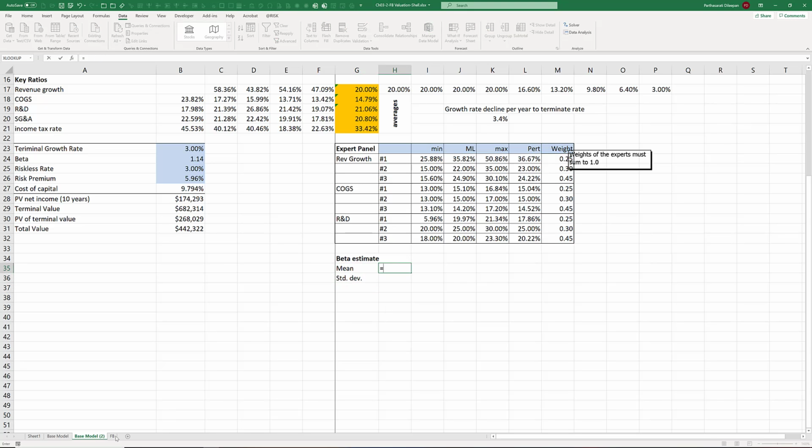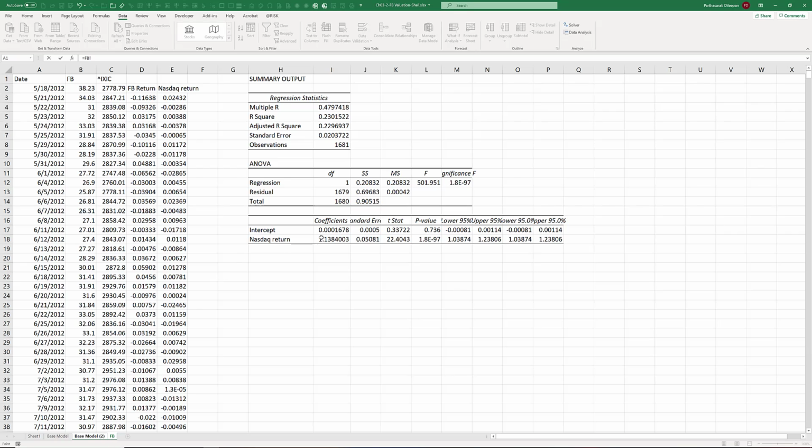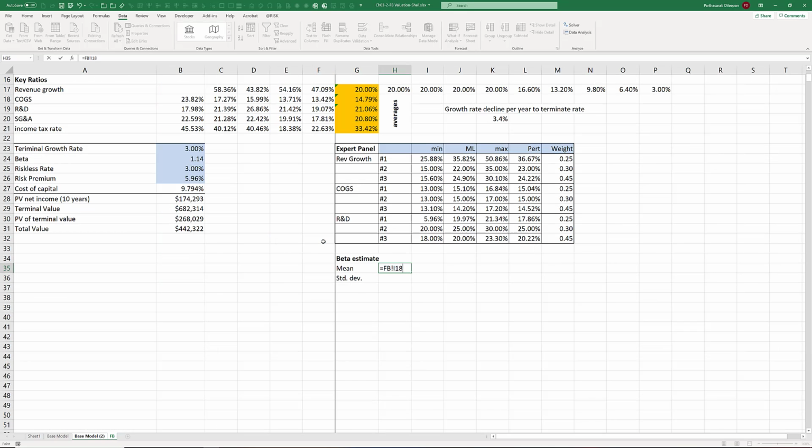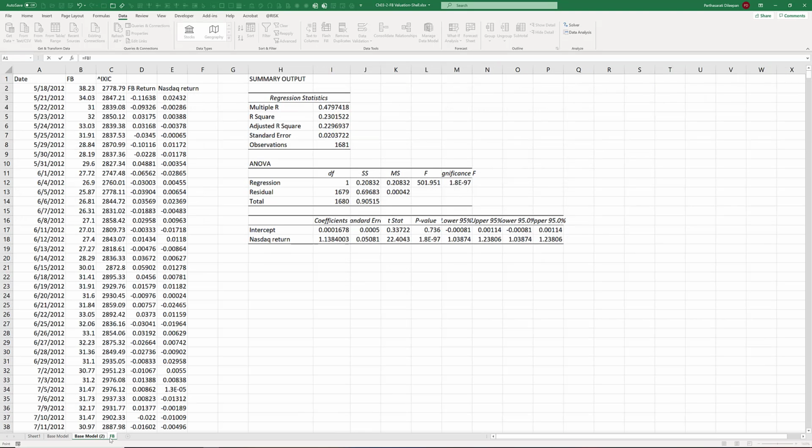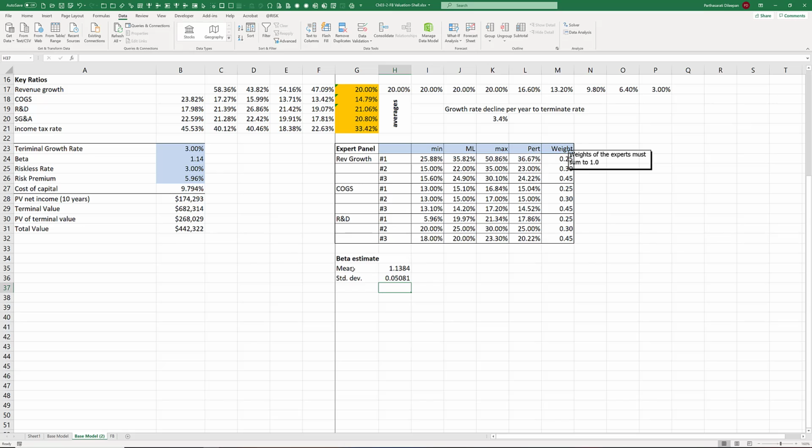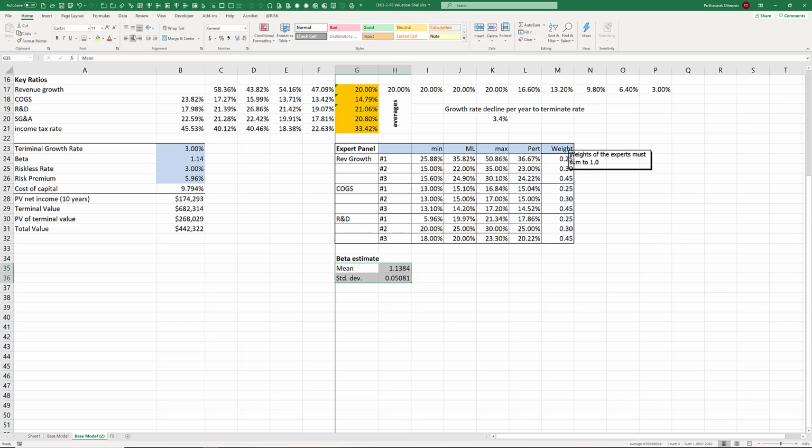So mean comes from here and standard deviation comes from there. Okay, let's do some formatting.